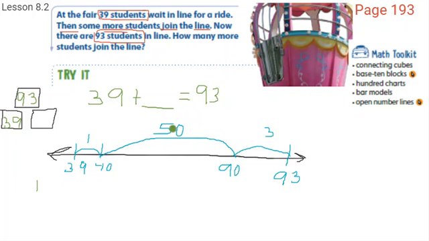So I have 50, which is 0 ones and 5 tens, and then I have 3 ones. I want to add all that together. I want to draw my line. I encourage you to draw that line every single time right now.